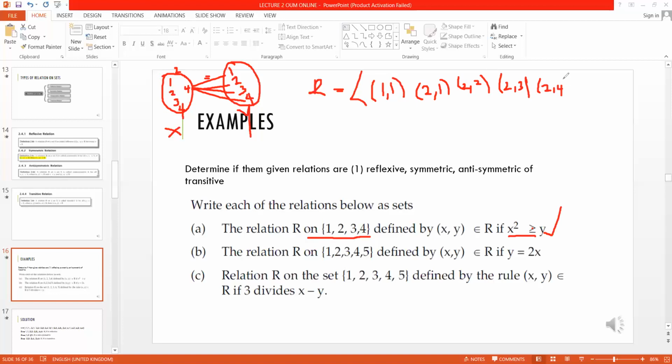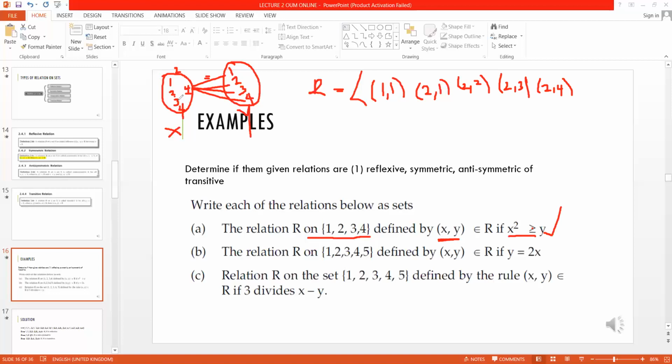Good. Now take note, it is not 4 you are pairing. 4 is the square of the x. In the pairing, you only indicate x and y, not x squared. The rule says x squared, but in the set, you pair the x and y. Good.